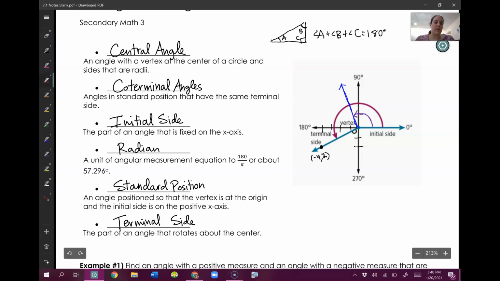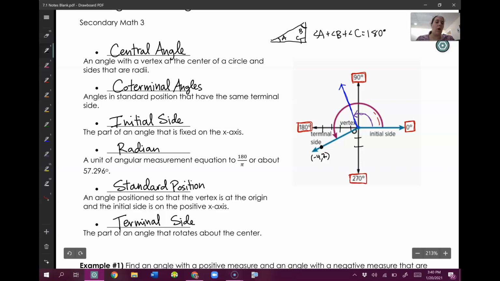Now, you'll also see that these are labeled here. These are important. So 0 degrees is always right here on the positive x. Then if I go one corner, so that's a right angle, that would make this one 90 degrees. This is one flat line. A flat line is always 180 degrees. This one is 90 more degrees, 270.